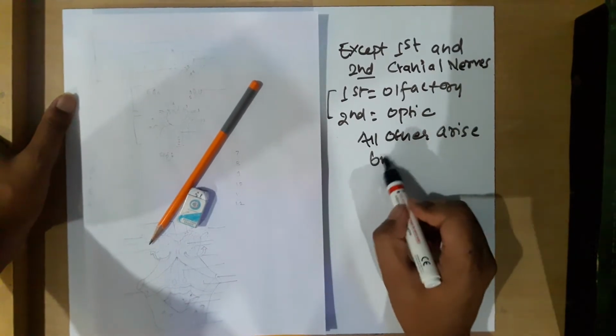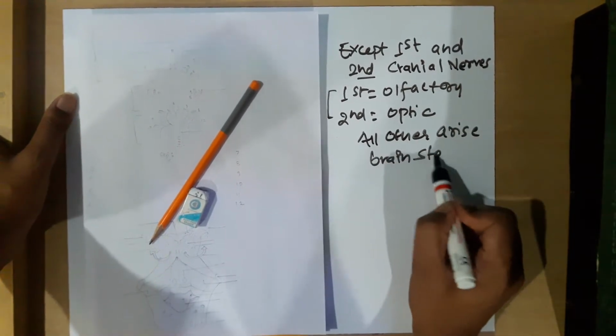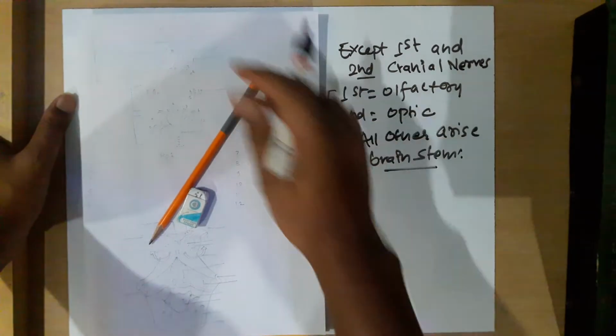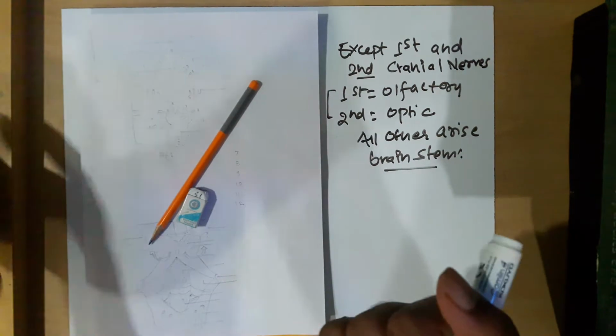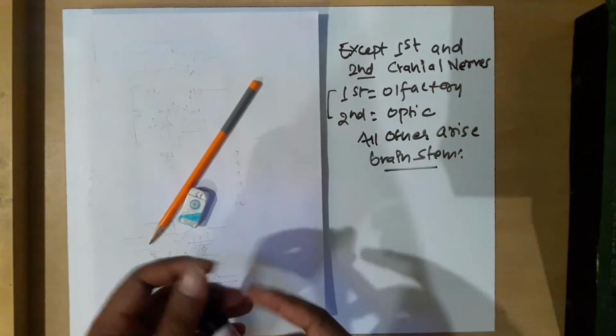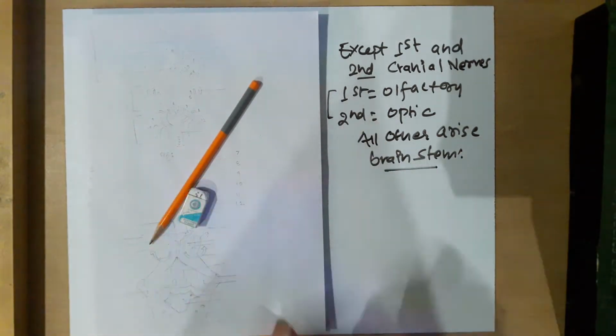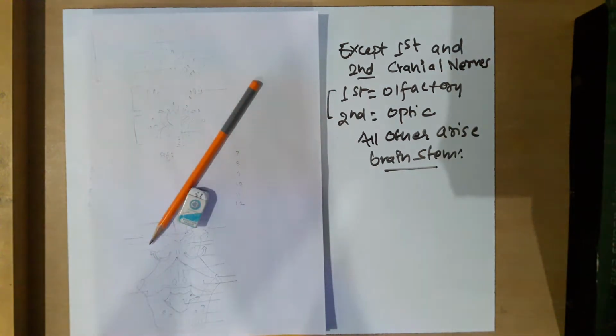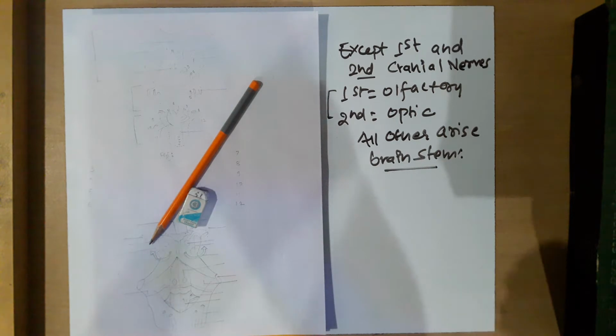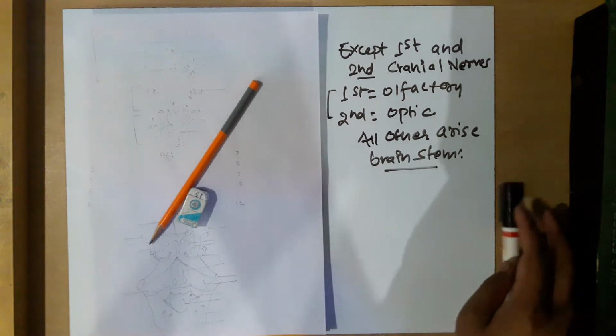Yes or no? So if you draw the figure of the brainstem representing all the parts, then you will obviously be able to locate from where those cranial nerves arise, and locating those in the figure and practicing it will help you remember the sequence without any tricks and tips.